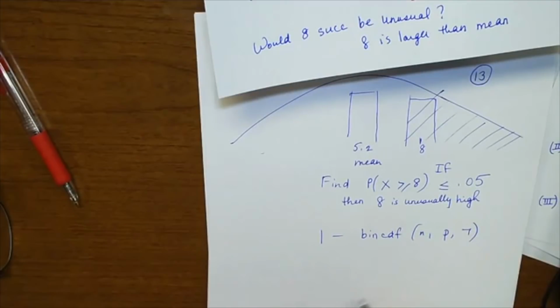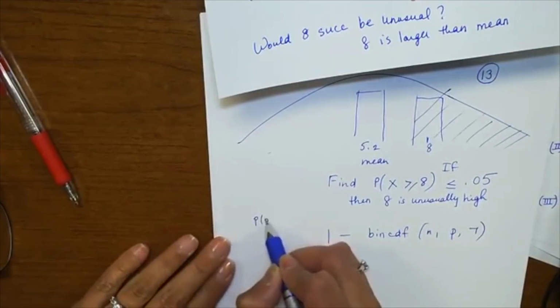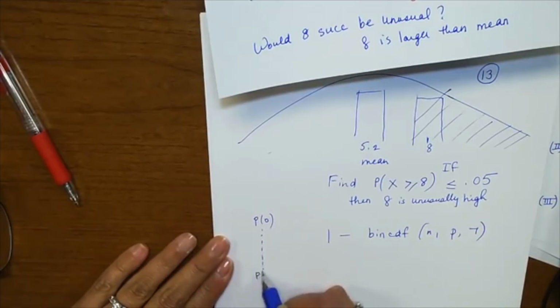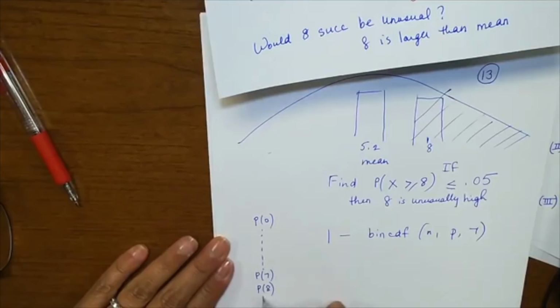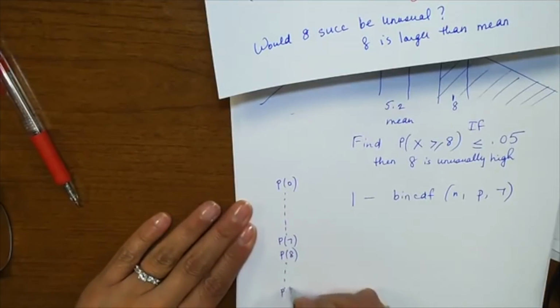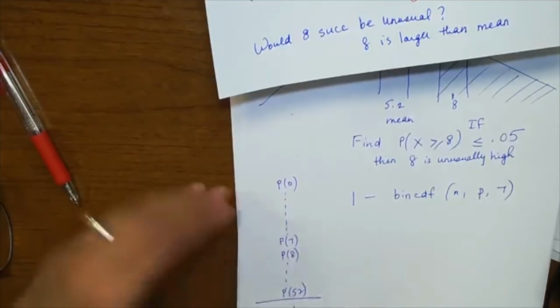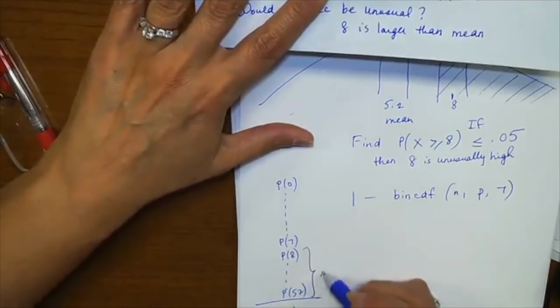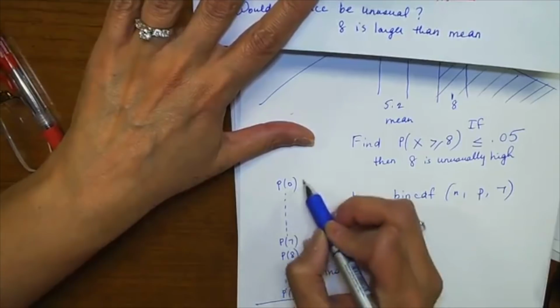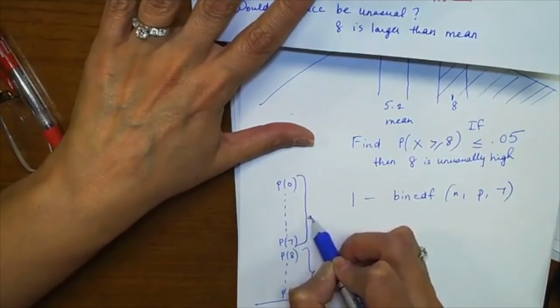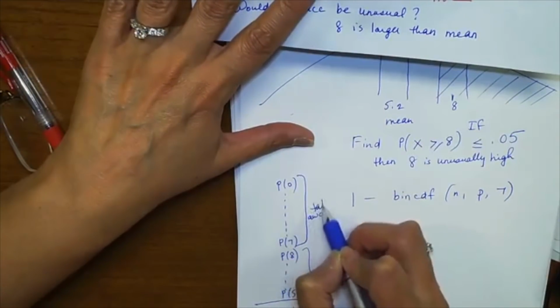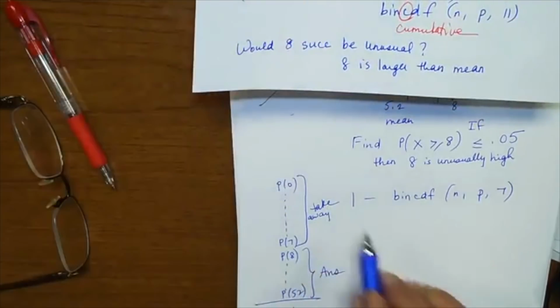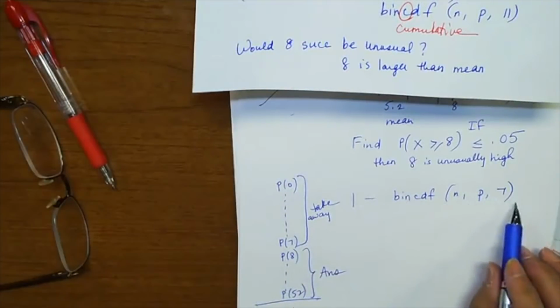Because the probability from 0 to 7 and 8 and all the way to 52, they all add up to 1. So if I'm interested in more, then I have to take this mess away. Take away. So 1 minus binomial CDF NP7.